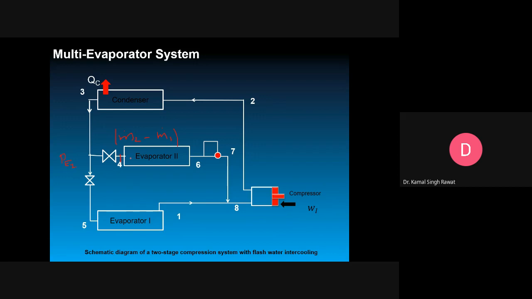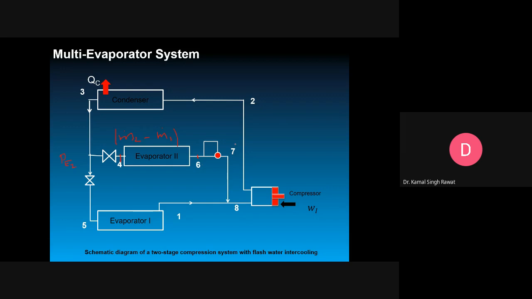This liquid absorbs heat in the second evaporator and produces the refrigeration effect. At point 6 we have saturated vapor. Now this saturated vapor is sent through a pressure relieving valve 6 to 7, where its pressure is reduced. So 6 to 7 is an isenthalpic expansion in which pressure is reduced.